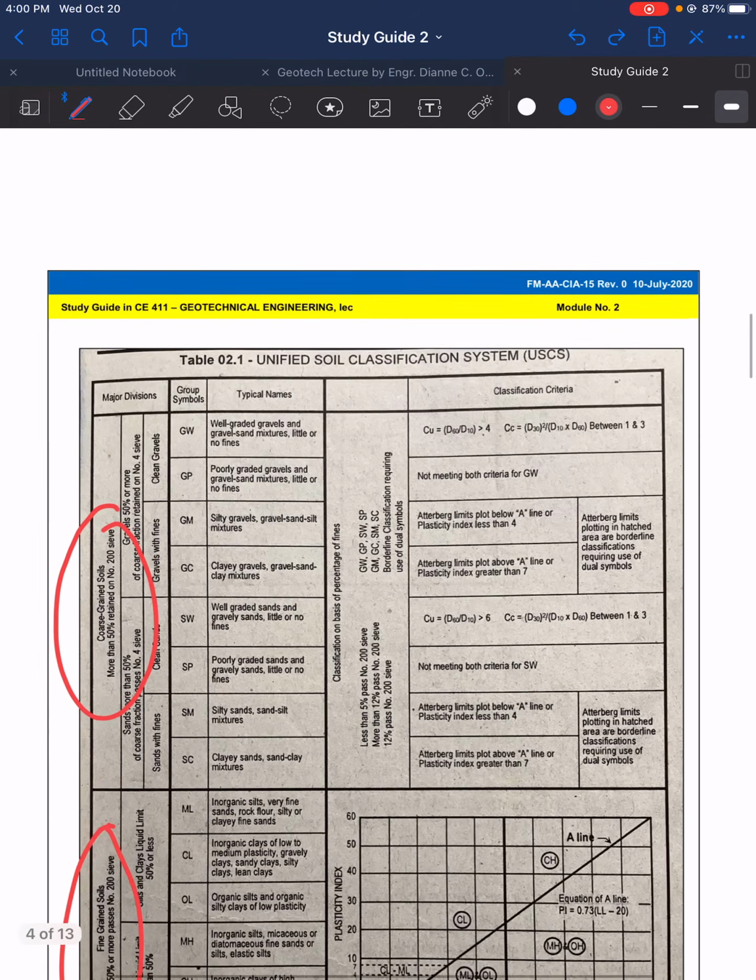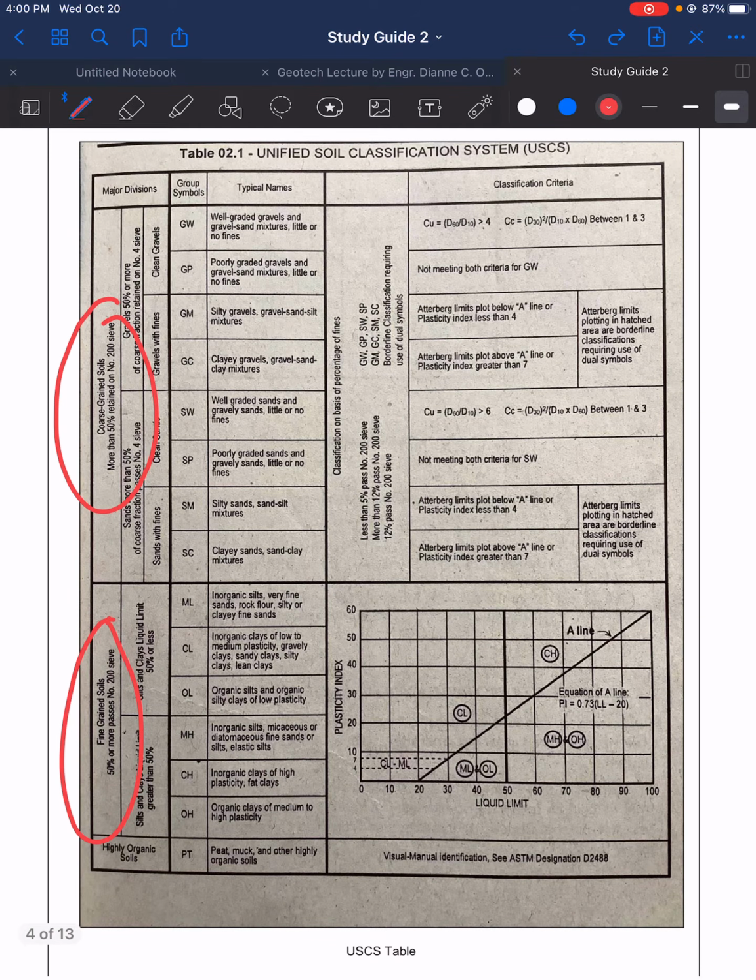They are also found in the table. The good thing about the table is that it already gives the formula, so there's no need to memorize the formula if the table is given. But if the flow chart is given, there's no formula there, so it's still good to memorize the formulas.